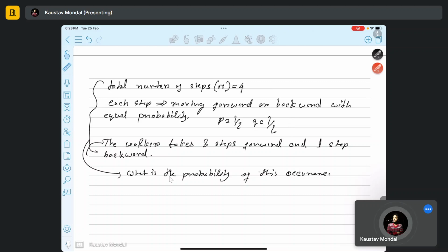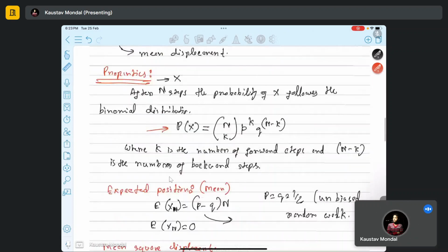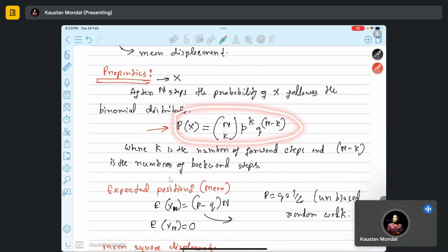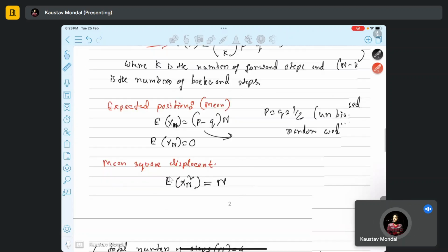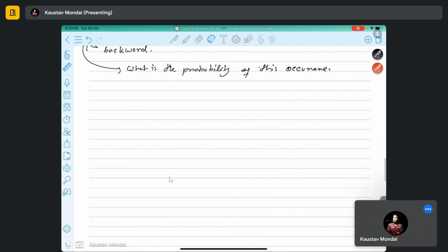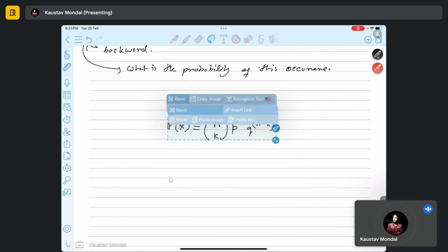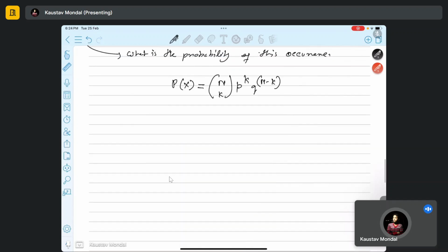Now how to do this? So we already know this probability distribution, right? This is basically the formula, so you have to use this formula. Let me just copy it here. This is the formula we use.